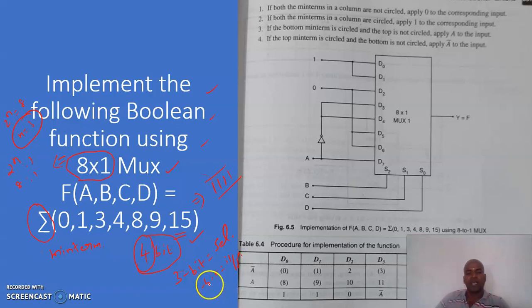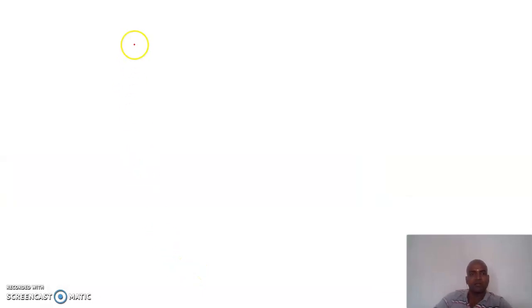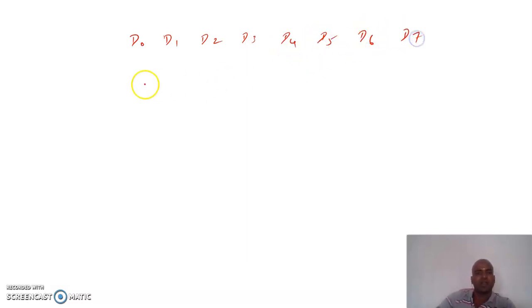Okay, so for that, now I'm going to construct the truth table first. Let me tell you how to construct it. First write the data: for an 8x1 multiplexer we need 8 data inputs, D0, D1, D2, D3, D4, D5, D6 and D7.